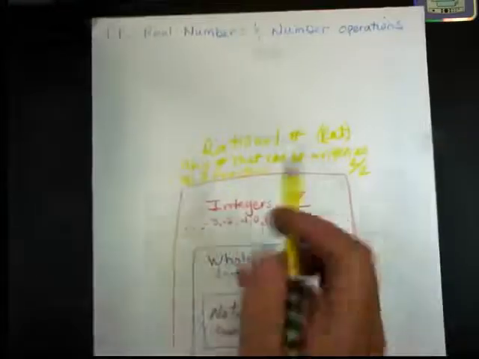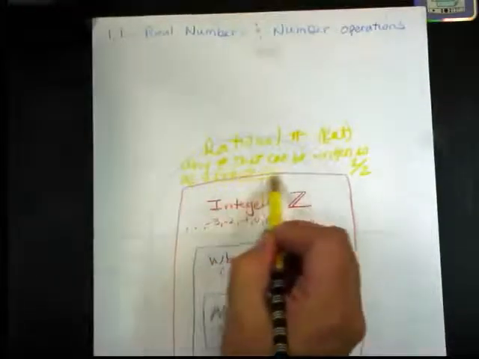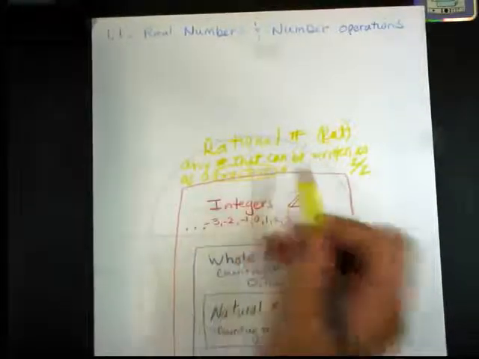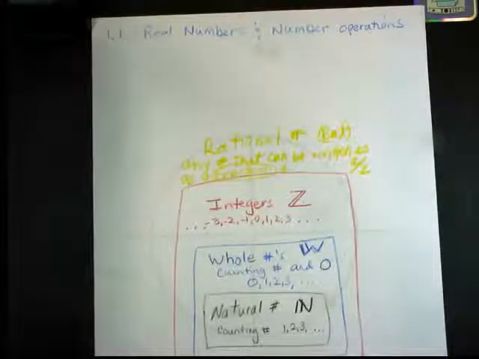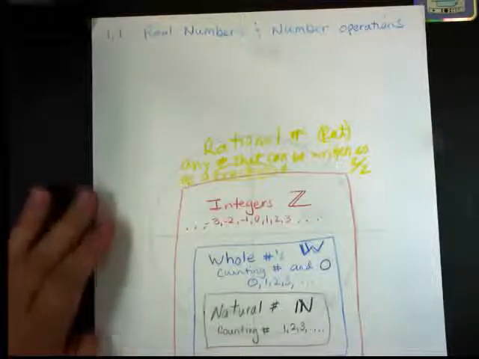So this fraction word is quite important. We need to make sure that we understand a rational number is really just a fractional number. Now, sometimes our fractional numbers are written as decimals.